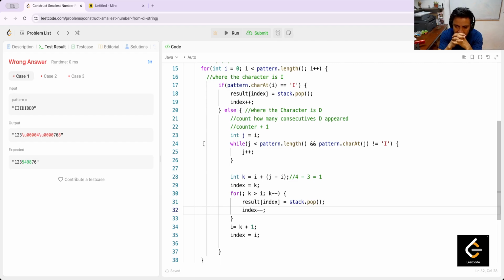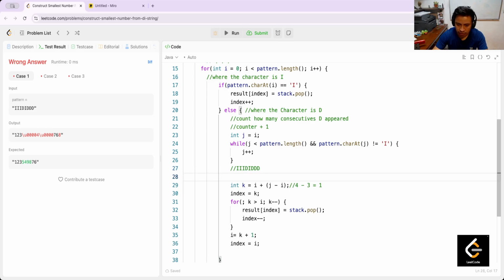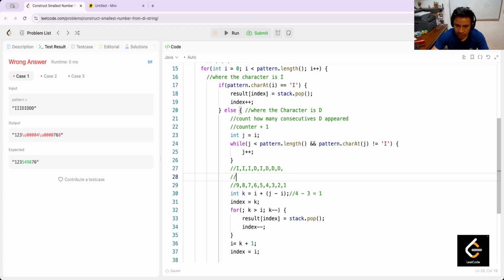I am doing something wrong here. Case for this, and now first is 1, 2, 3. Now the next that is 1 d.